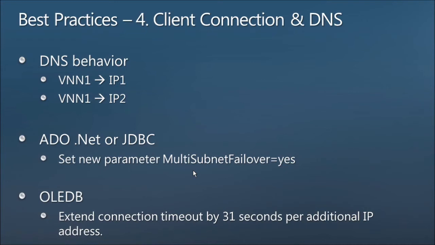If you are using old clients or OLEDB clients, you should extend the client connection timeout by 21 seconds per additional IP. So if you have two IPs, then you should add 21 seconds for the connection timeout.